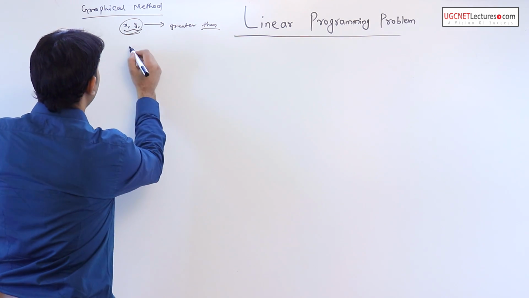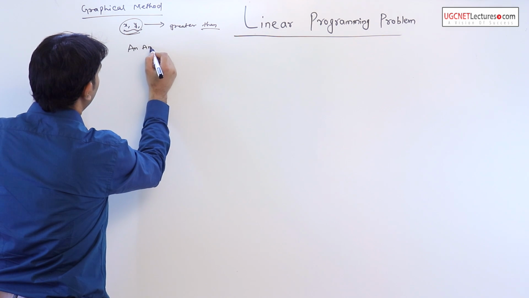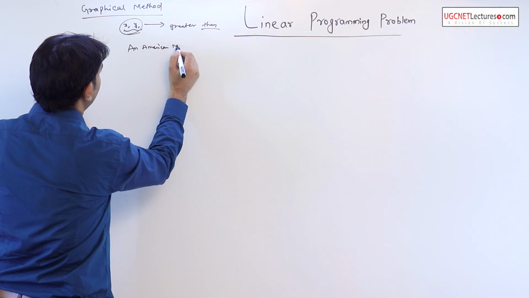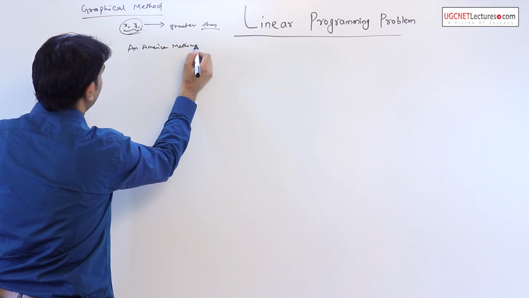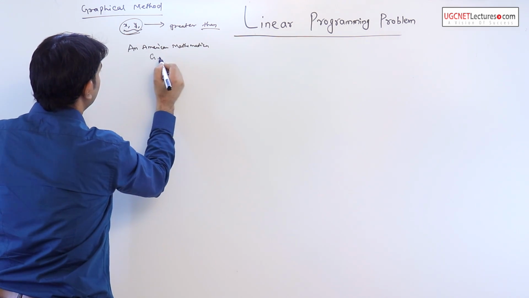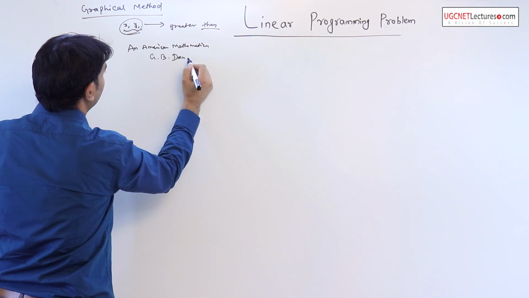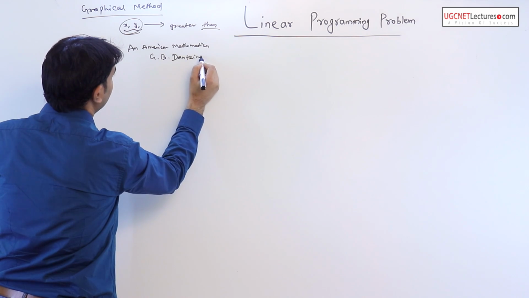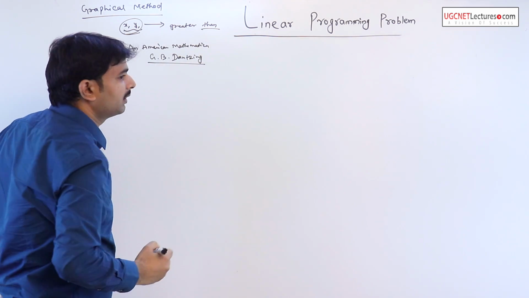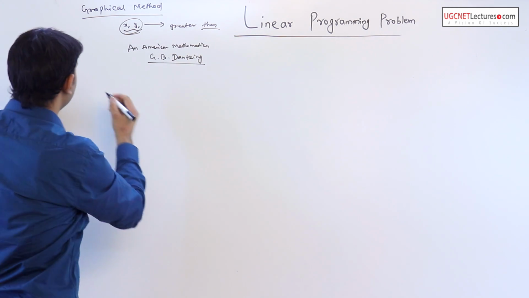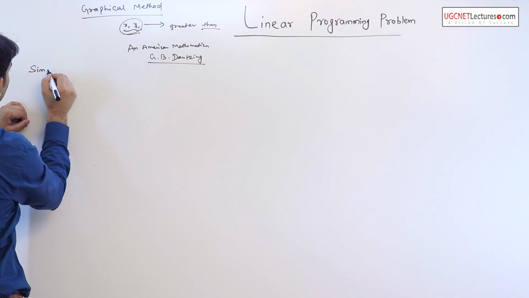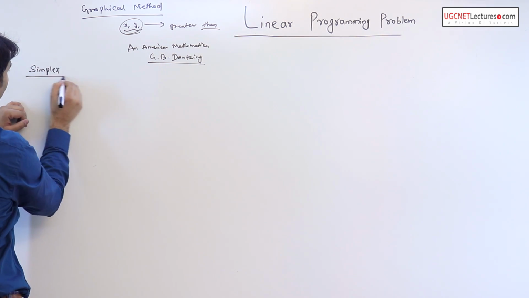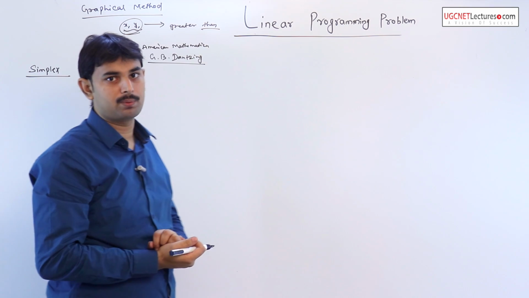An American mathematician, G.B. Dantzig, developed a method known as Simplex for solving linear programming problems.